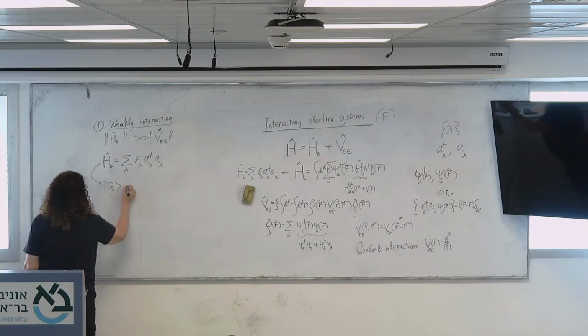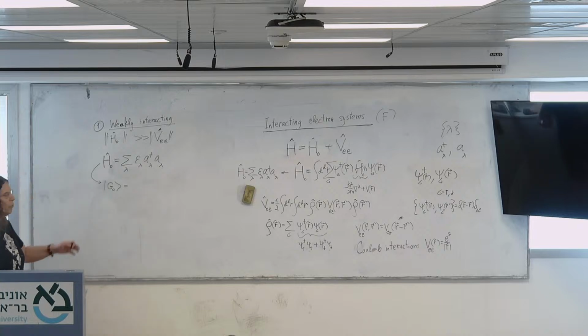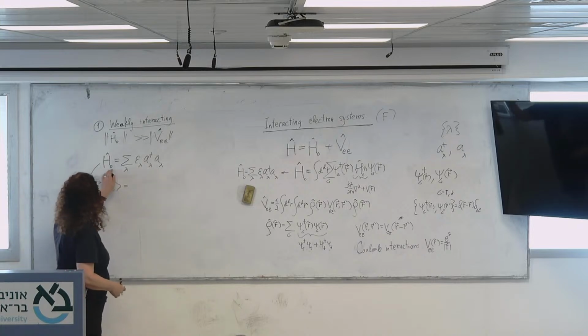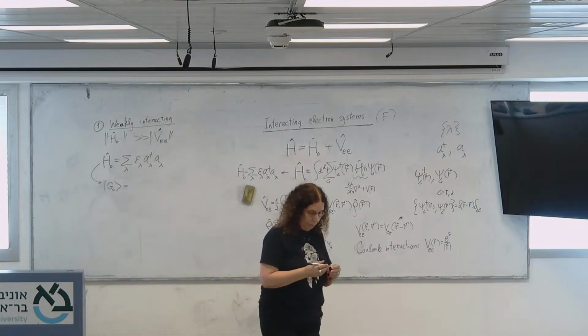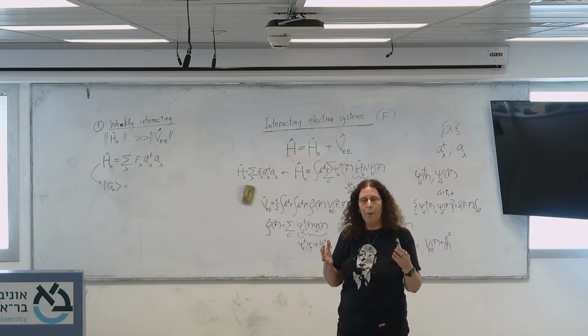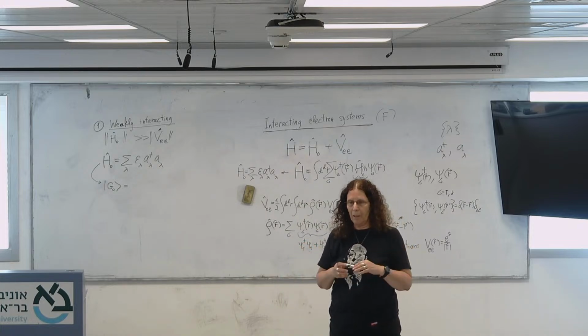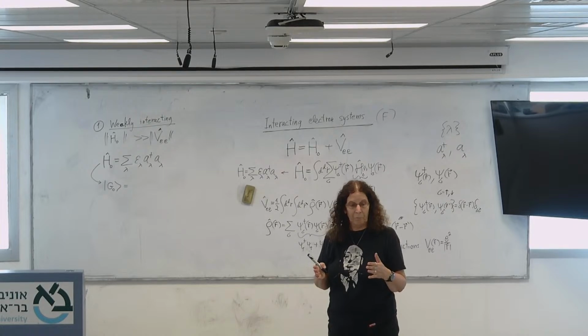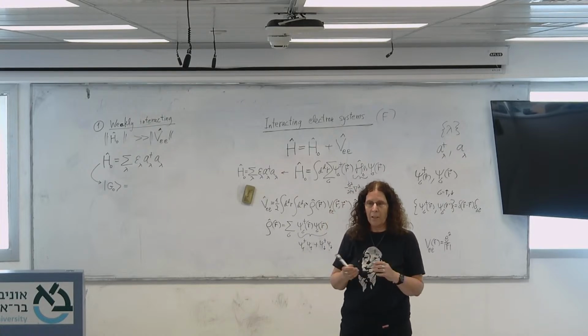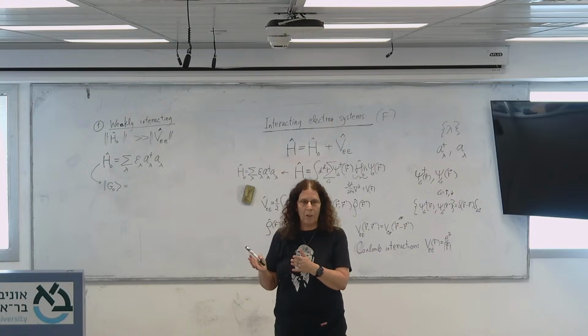But in order to be able to write the ground state, and of course I will write it in second quantization, I need one more piece of information. So knowing the Hamiltonian is not enough. You also need to tell me it's a many-body system, okay? There are many particles. So I need another piece of information, which is either what is the number of particles, or if you are in a grand canonical ensemble, what is the chemical potential?